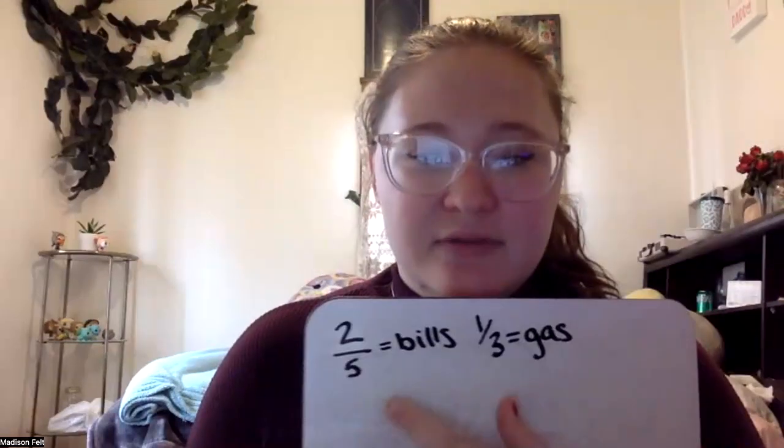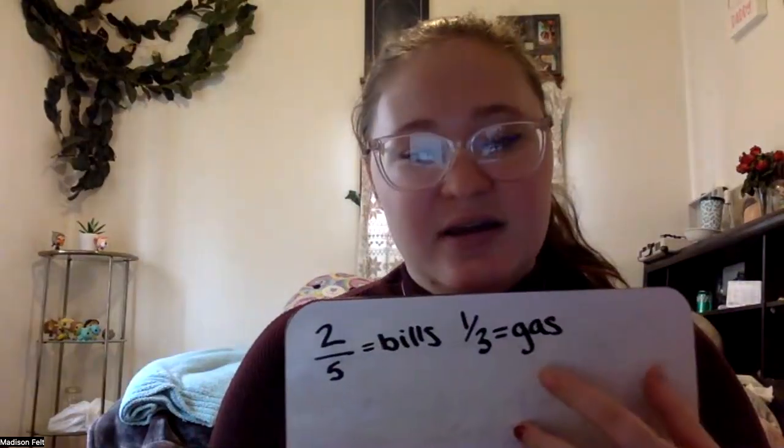So I wrote 2/5 in bills here and then 1/3 in gas over here. And what I did first was I did tape strips or fraction tape strips, and I split it into 5 sections here. So we've got our 5 sections, and then I filled in 2 of those.